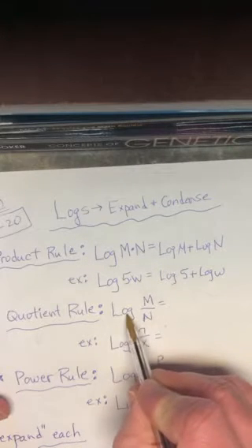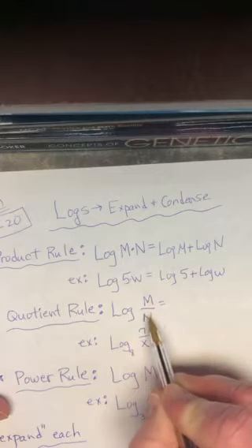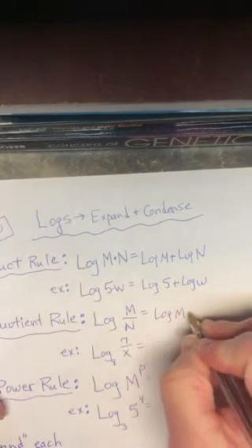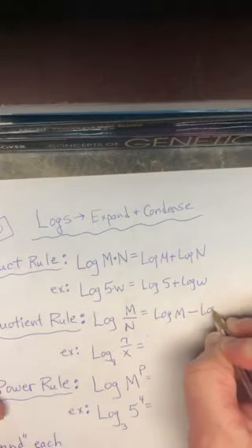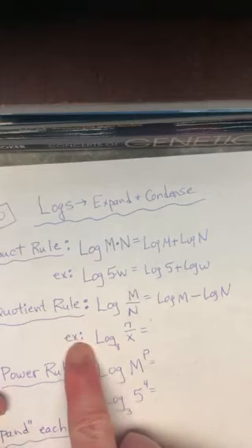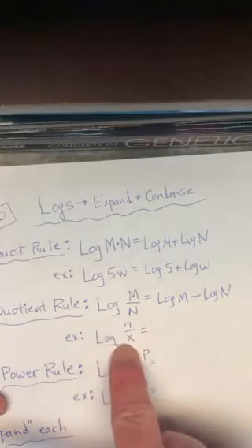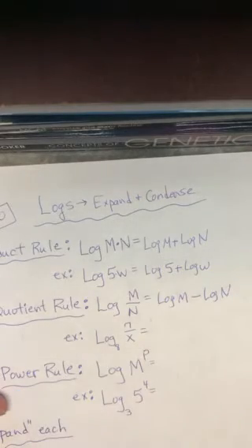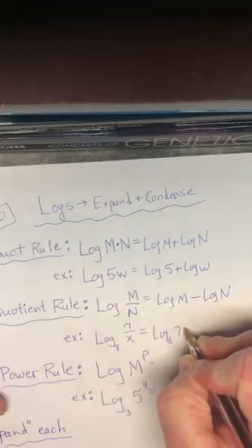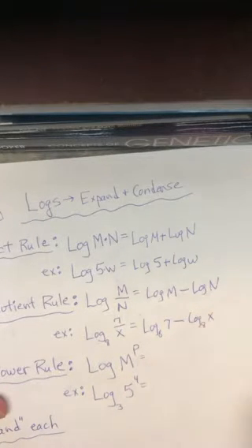So the log of m over n, the log of m divided by n, when I've got a quotient, I can change that into the log of m minus the log of n. Okay? So my simple example, if I have the log base 8 of 7 over x, and it's a quotient, I can change that to the log base 8 of 7 minus the log base 8 of x.